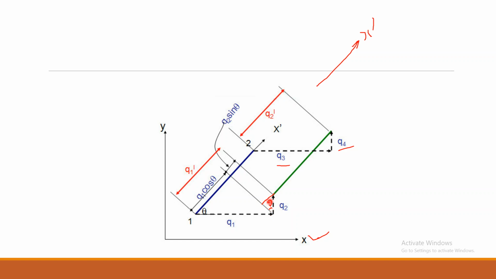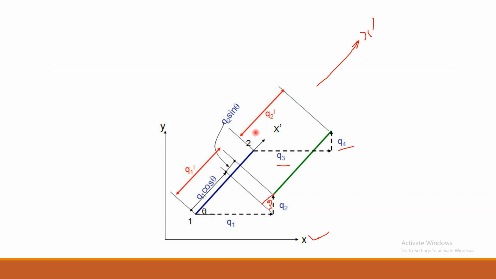By using the rule of the angles, this angle becomes theta, so that this horizontal distance in the local coordinate system is q2 sin theta. Okay, therefore q1 dash is nothing but q1 cos theta plus q2 sin theta. Similarly, I can express q2 dash, that is q2 dash is equal to q3 cos theta plus q4 sin theta.